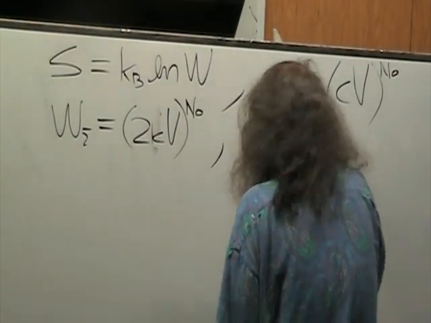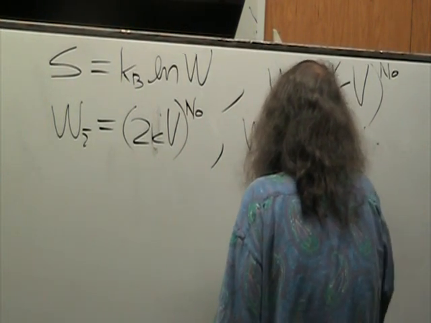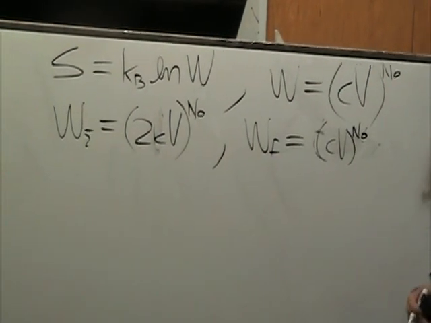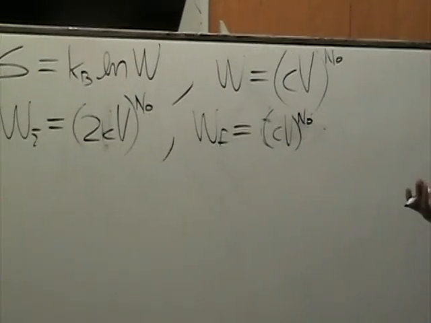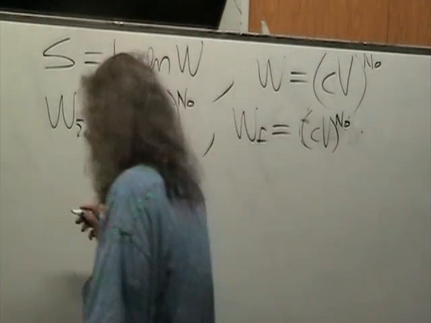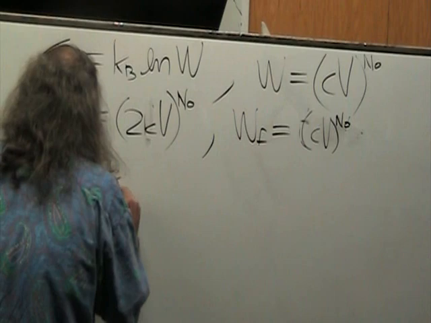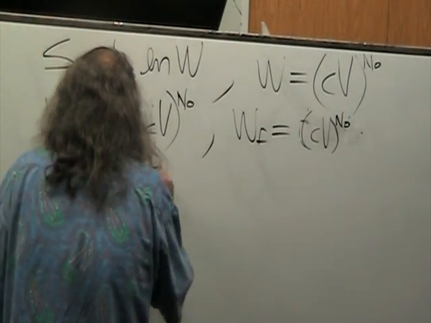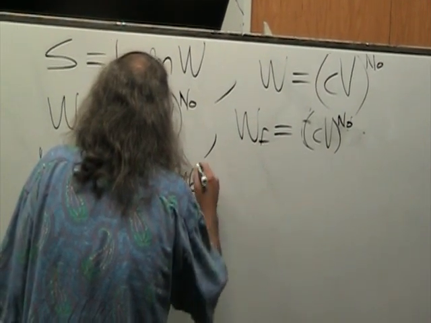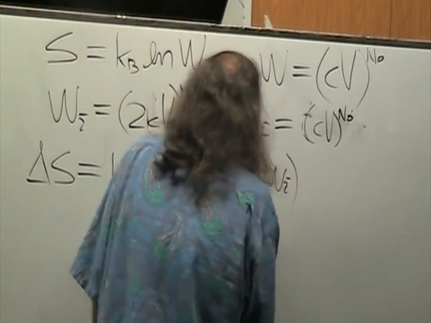So W final is equal to C V to the N naught. And therefore, delta is always what? Final minus initial. And so delta S is going to be equal to the Boltzmann constant times the natural log of omega final minus the natural log of omega initial.